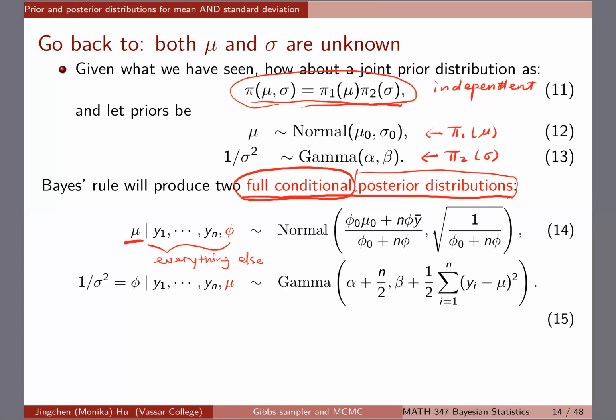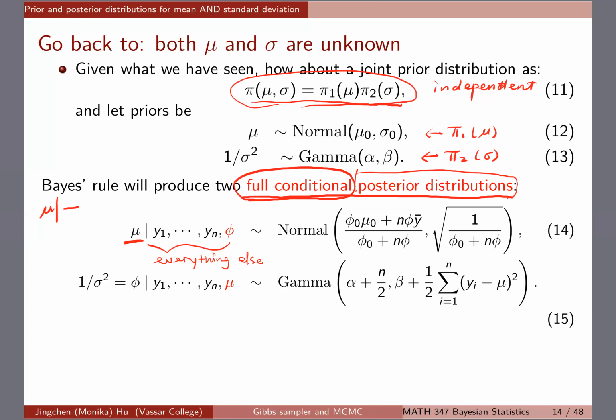Sometimes when you have so many parameters and it's so complicated to write, you will see later in the exercise that you might just write mu given a hyphen to represent everything else. But for now, we're only working with y1 through yn and one other parameter, so we write out everything.